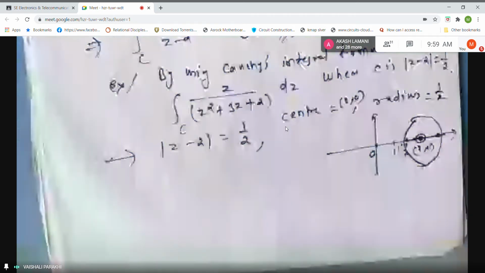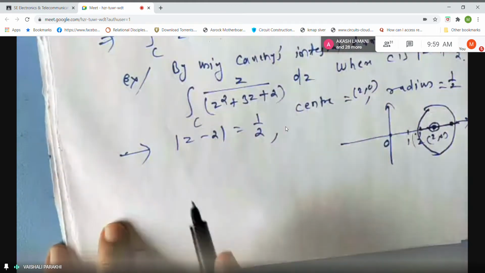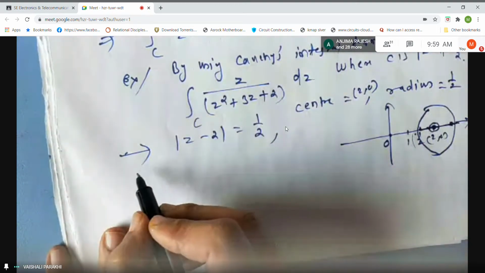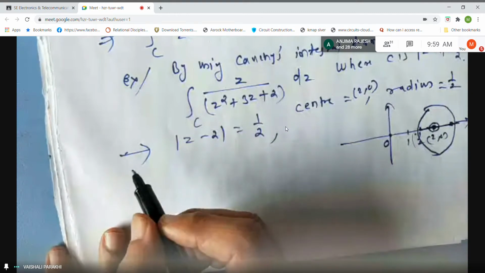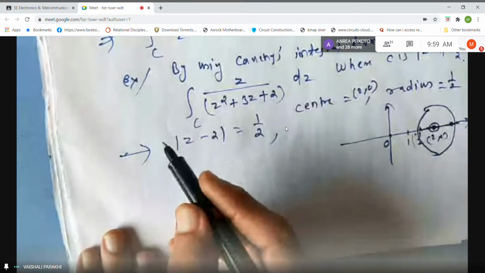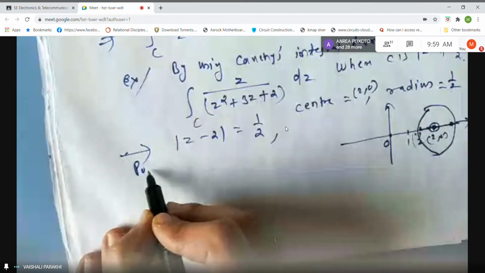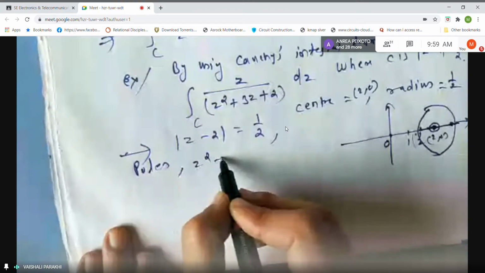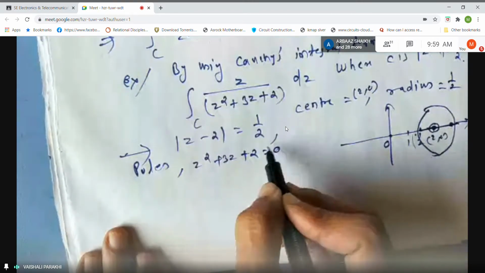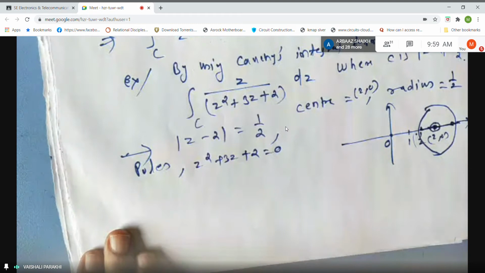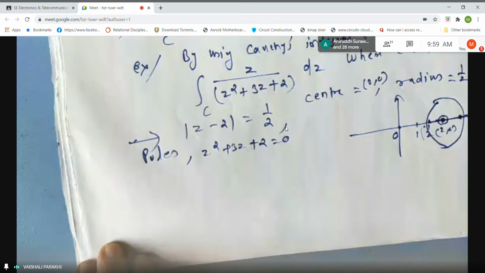Now see what happens. You are going to equate the denominator to 0. These are the poles. So to find the poles, z square plus 3z plus 2 is equal to 0. Is it factorizable, students? Is this quadratic equation factorizable? Who will tell me quickly the factors?